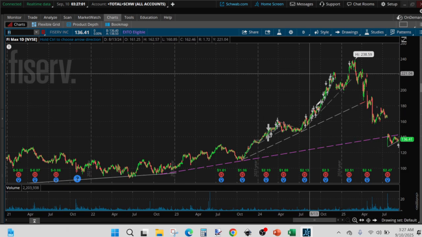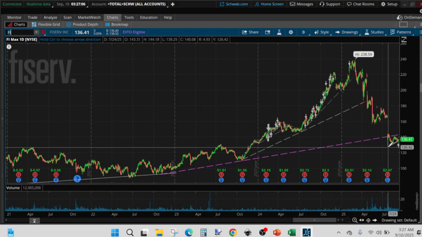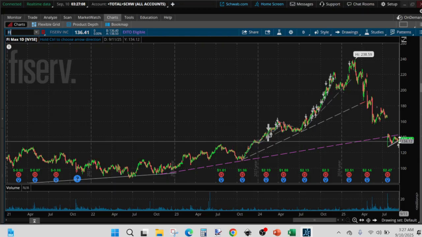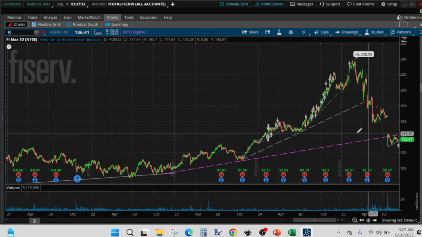So when we are looking at FI, it reached that line, went below a little bit, and started going up. So at this point, because this is a line that we like to buy, that's just one of our long swing trading strategy.